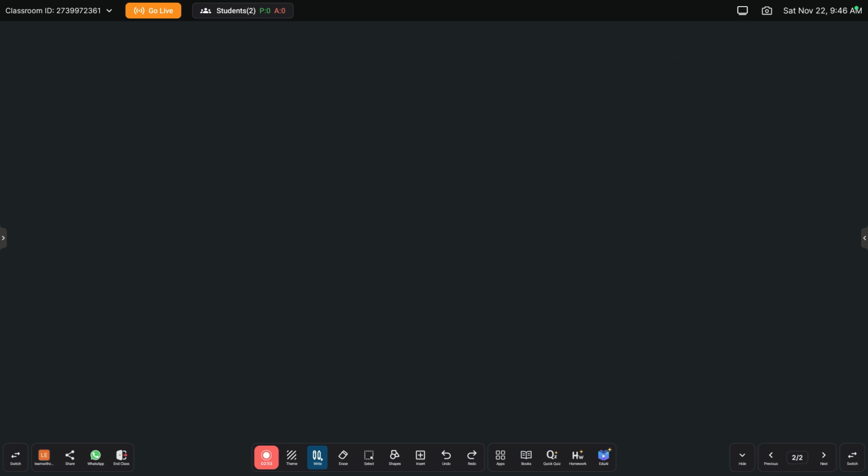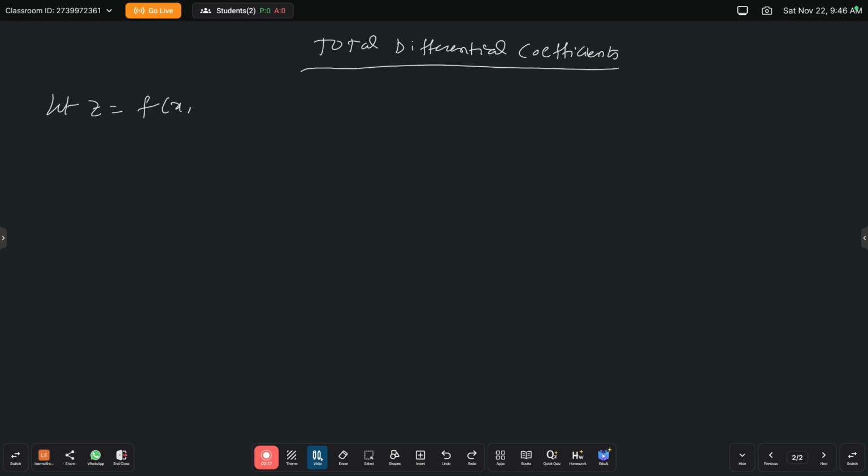Now the total differential coefficients. Let z is equal to the two variables f of x comma y.